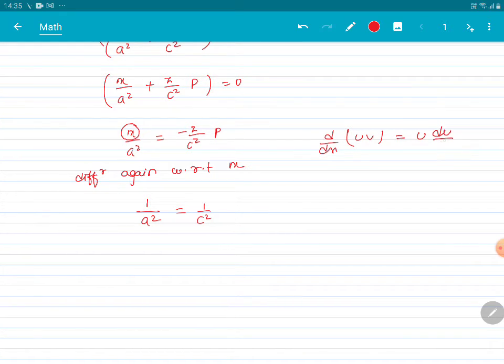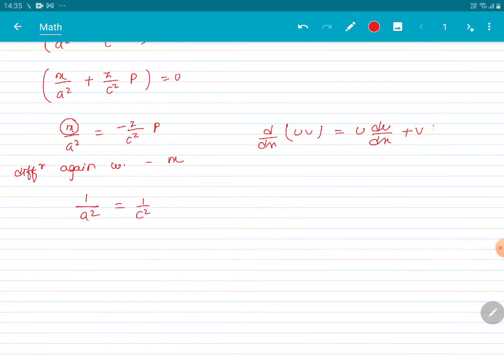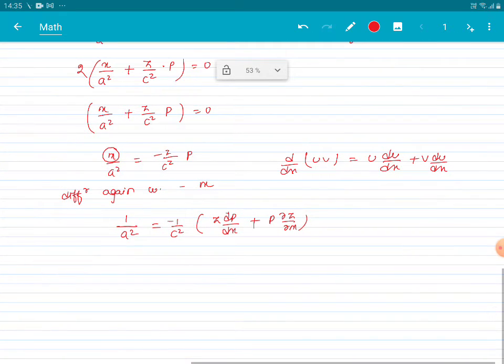U dv by dx plus v du by dx. Now this is x, so minus 1 by c square into z dp by dx plus p del z by dx. Okay, that's it.